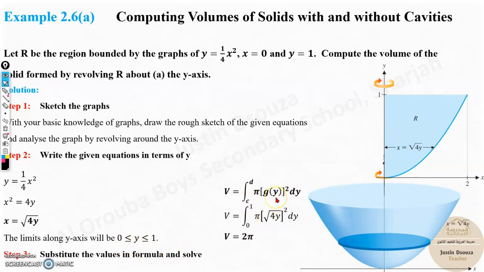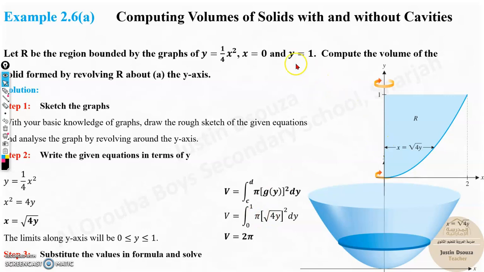This is the previous formula. There is no change in this. Why we did this is that we will see in the coming problems, parts B and C, how it changes. I hope this is clear. Over here, they have given us the function y equals a quarter x squared, and then the limits x is 0 and y is 1.